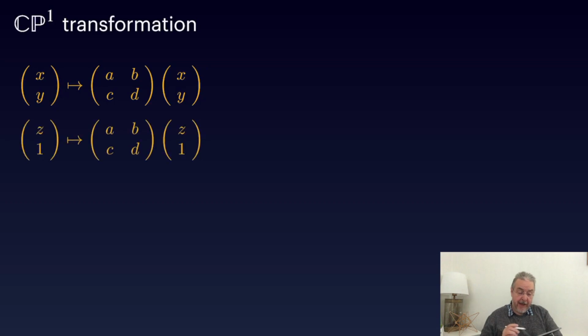First remark is, we saw that a projective transformation in CP1 is actually a multiplication by a 2x2 matrix. If we want to do this in standard embedding, we have one complex number in the standard embedding and map that to a new vector.